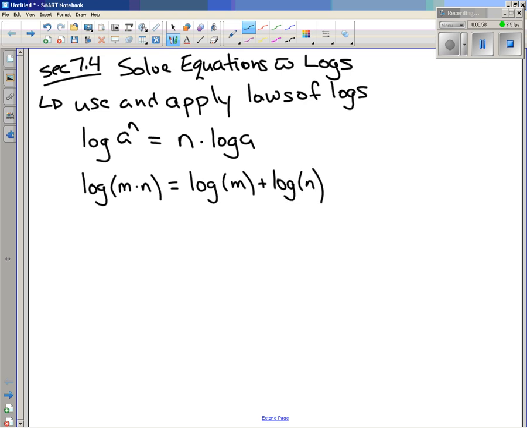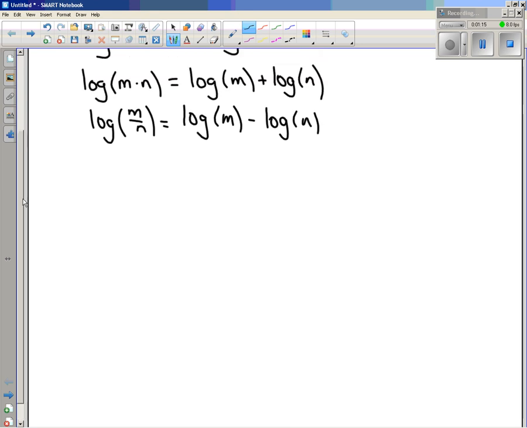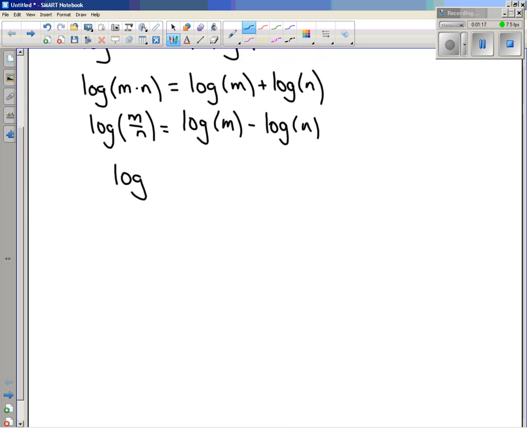And similarly, if we have division, we can split those apart with subtraction. We'll keep in mind that the log of any number with the same base is 1, and that log of 1 is 0.